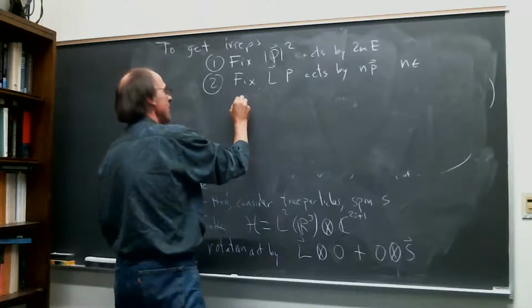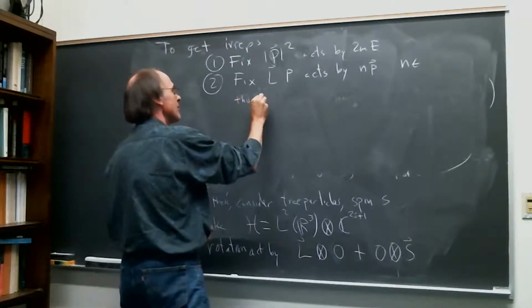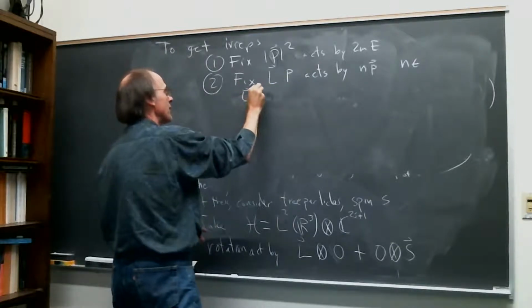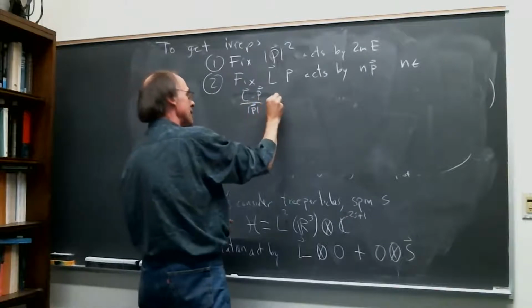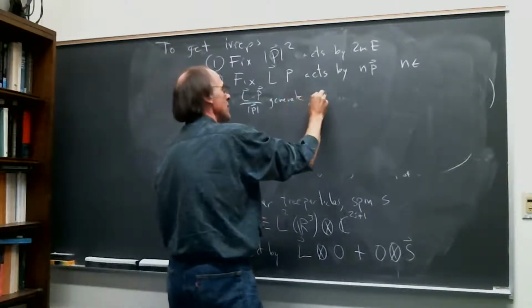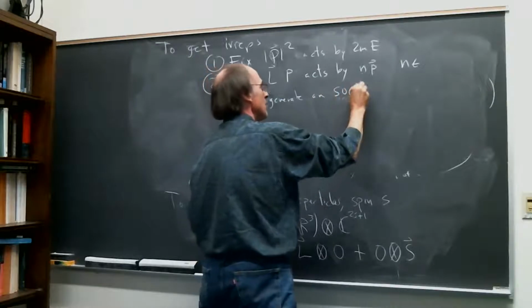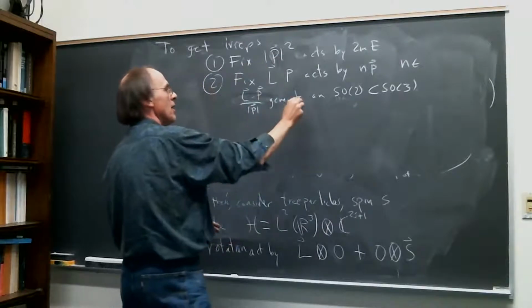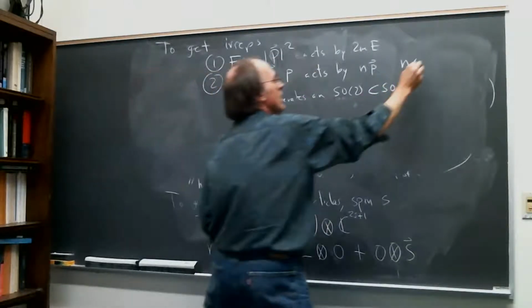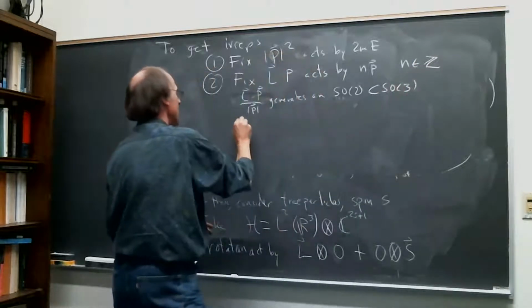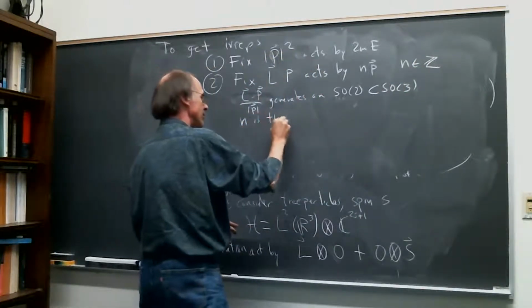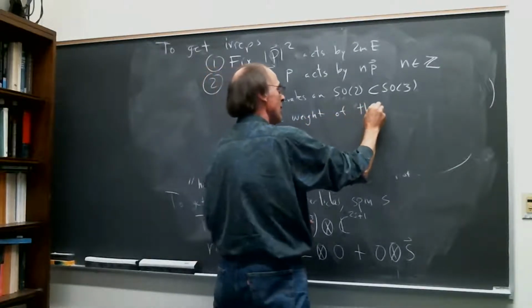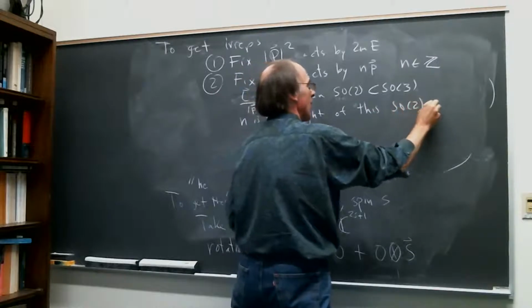Since L vector dot P vector over P vector generates an SO2 sub 3, N is the weight of this SO2 action.